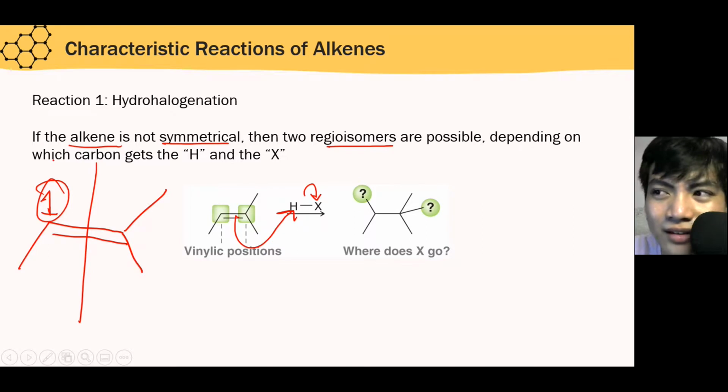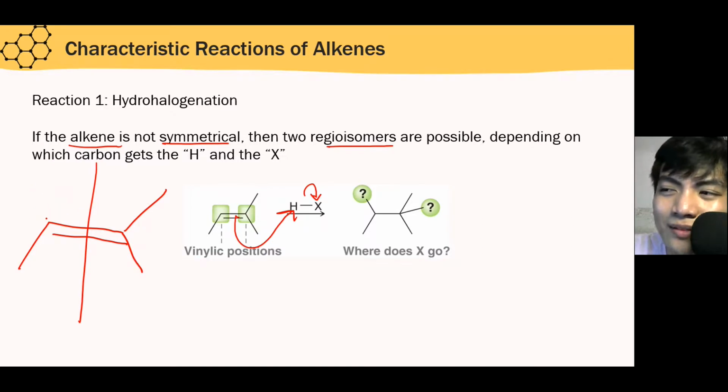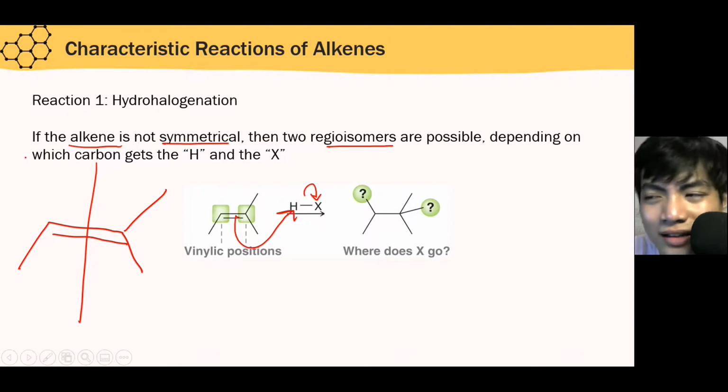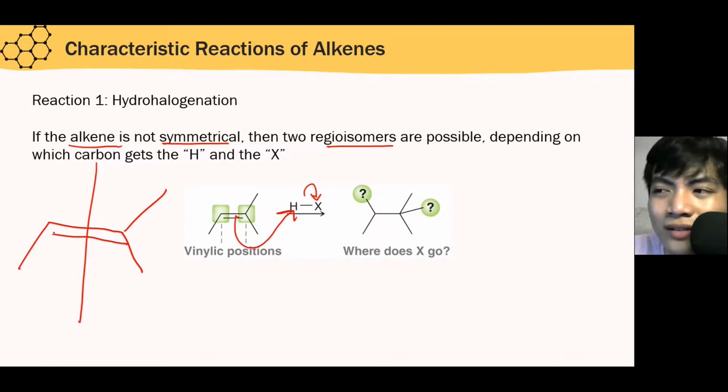Kailangan marunong na kayo mag-count ng hydrogens. Okay? So, ito mas marami itong hydrogen. Ano yung technique na pwede gawin natin dyan? Bilangin mo yung bond to this carbon. Ilang bond ba meron dyan? 3. 1, 2, 3. So, kung 3 bond yan, edi, yung isang bond, kay hydrogen yan. Okay? May isang hydrogen dito. Dito, ilang hydrogen meron dito?